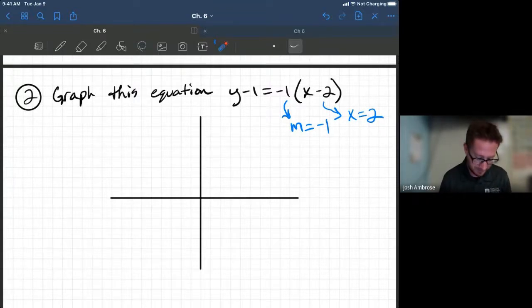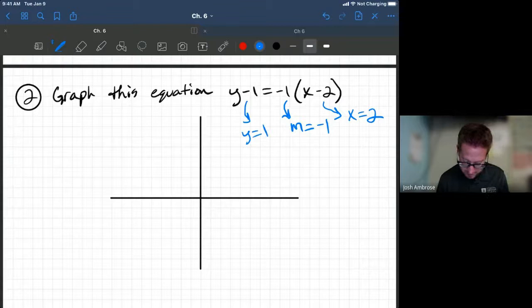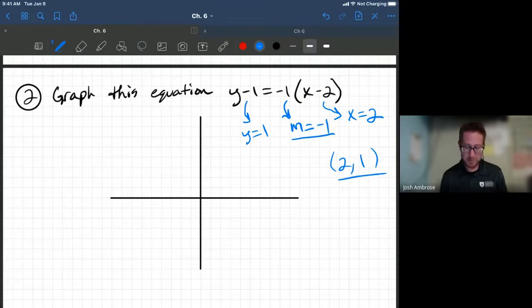All right. So now right here, here is our y value, y equals 1. So let's put the point together. 2, 1. There's our slope. There's our point. So now all we have to do is plot the point, then use the slope from that point. So the point says x is 2, y is 1, so 2, 1.